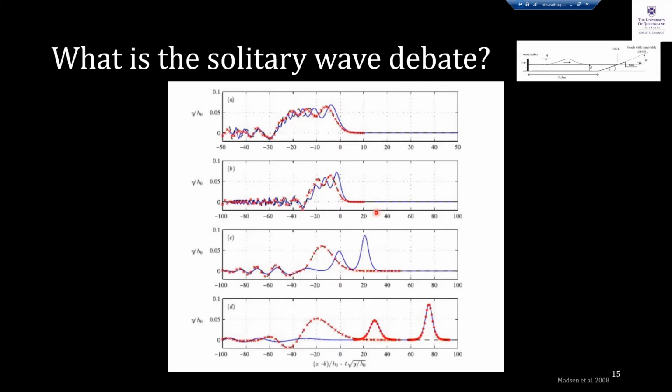If we look back at this particular study by Matsuo in 2008, which is quite popular, they did some numerical modeling with some initial disturbance. Let's say this is a rectangular disturbance. And then they looked at whether this disturbance would evolve into solitary waves or not.